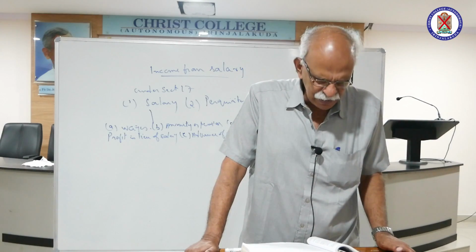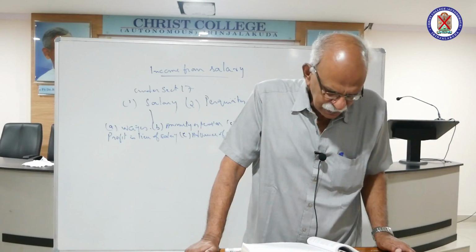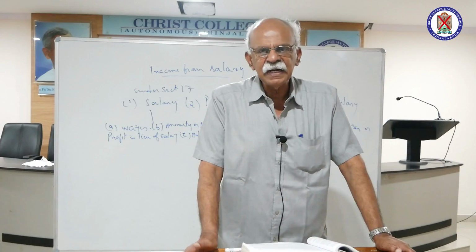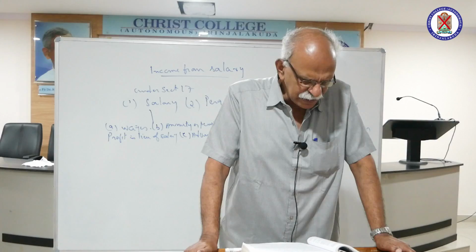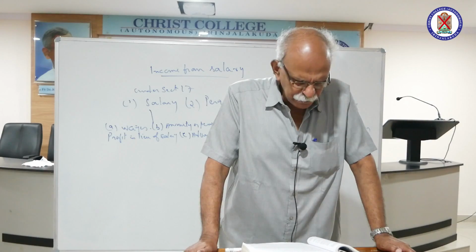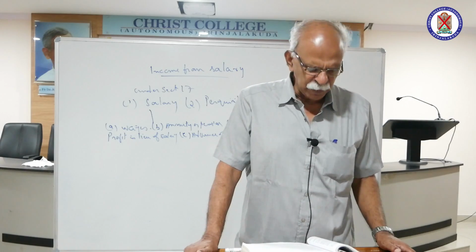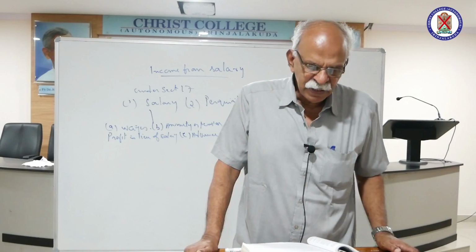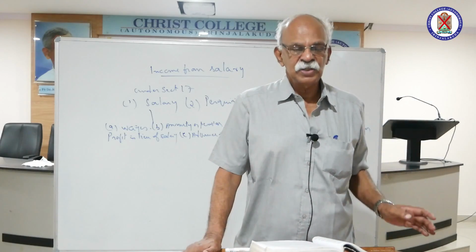Sometimes it may be called an additional DA allowance. Whether it is called DA, dearness allowance, or additional DA allowance, it is included under the head income from salary. DA may be given under terms of employment or it may be otherwise. Whatever it be, it is always included in salary.